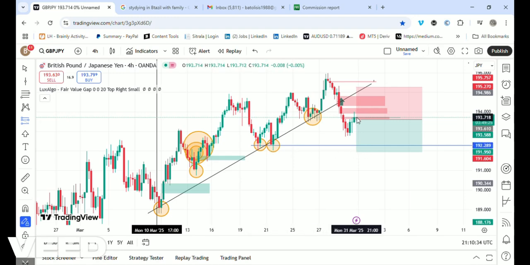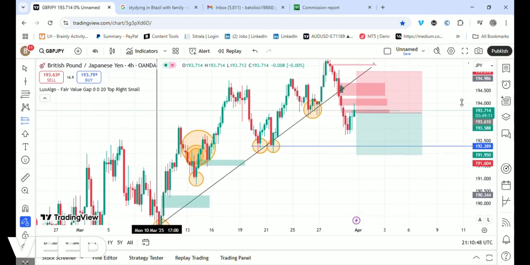And if the market picks my sell and goes above to go back into the trend, that means it's going to be hitting me out on a loss. But based on my analysis and what I'm seeing on the charts, it's most likely the market will get to this support rather than going to the upside because of these fair value gaps in front of it already.